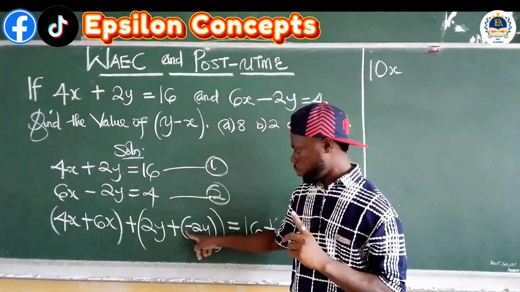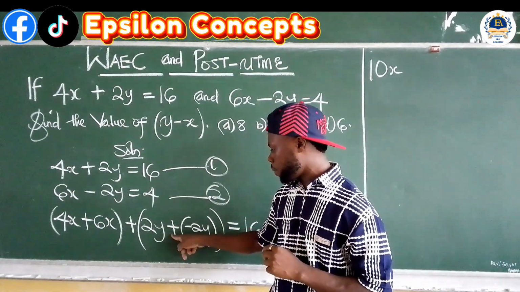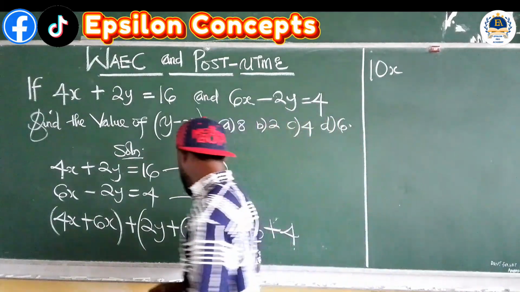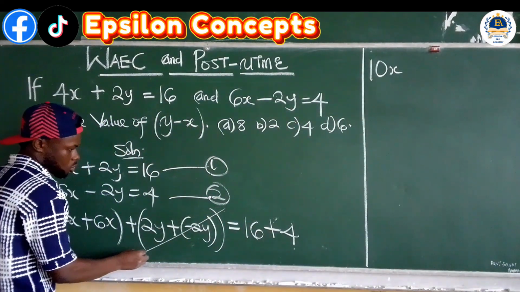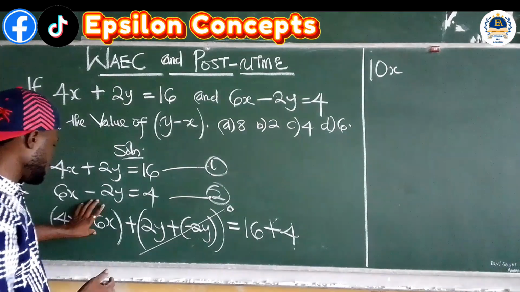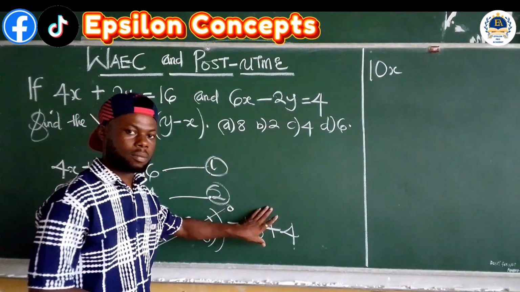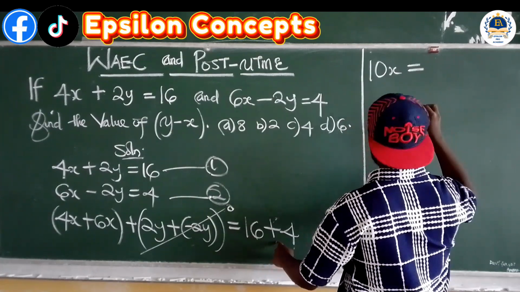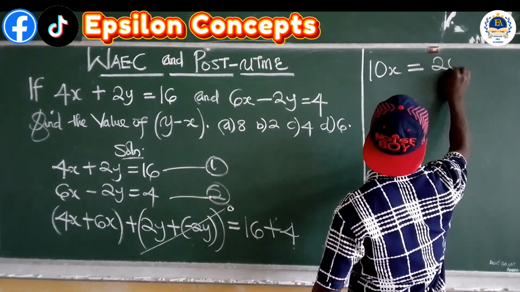If that is true, then 2y minus 2y will give 0. That means this bracket is equivalent to 0. We are just left with this and also this, which equals 16 plus 4, which is 20.